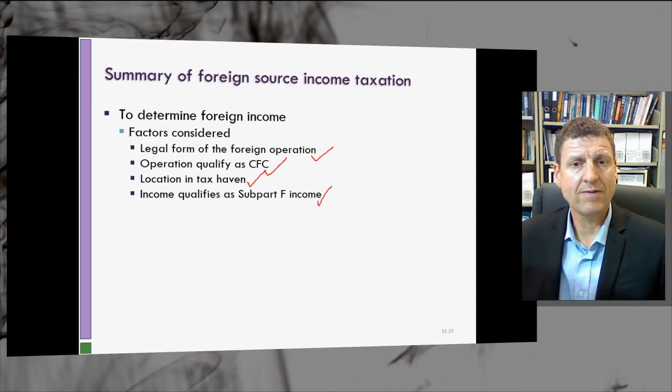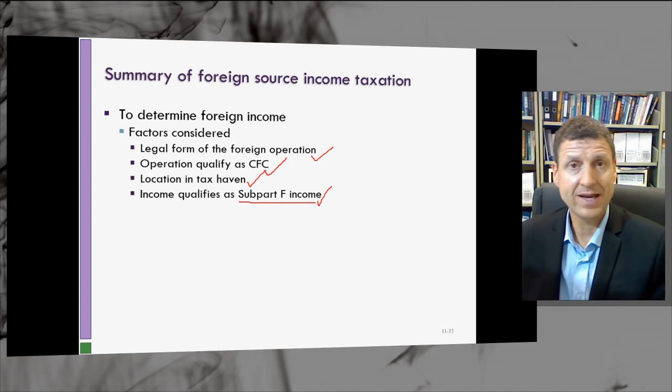Also consider whether the income qualifies as subpart F income, so it's associated with coming from countries involved in international boycotts, illegal income, and other types of income. These are things that will raise flags as to whether your subsidiary overseas will be deemed to be paying a dividend even when it doesn't.